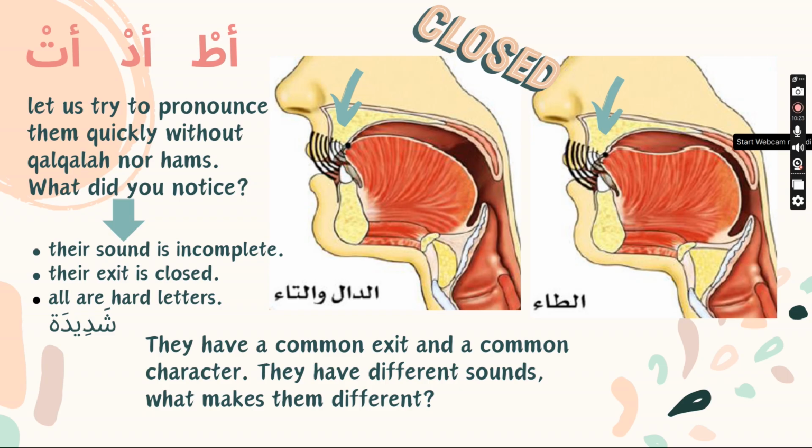So what differs between them? We experienced this with the letter Jim. We said the Jim is hard because its exit is closed. And the same here, the exit of the 3 letters is closed. And they are therefore hard letters too, the 3 of them. You know, in the case of the Jim, the Ya, the Sheen, the exit was opened in the Sheen and the Ya.